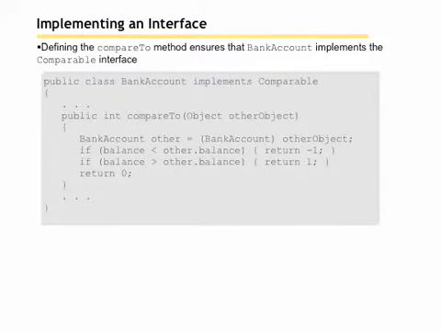So we can say public class BankAccount implements Comparable, and then we can override that compareTo method. Notice that we are downcasting other object to a BankAccount reference so that we can easily do the math, saying balance less than other.balance return -1, balance greater than other.balance return 1, otherwise they're equal, return 0.